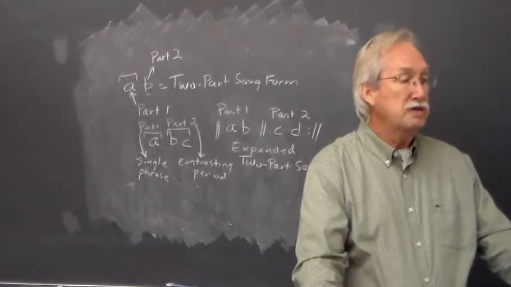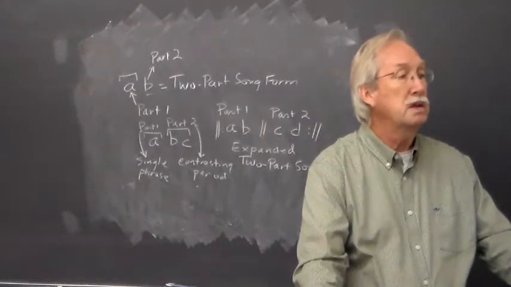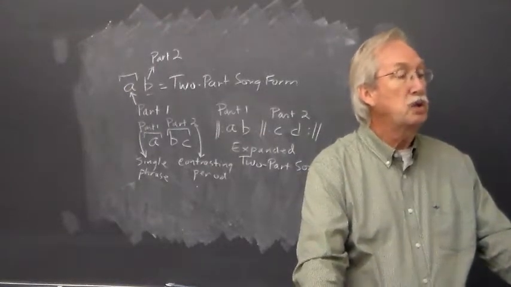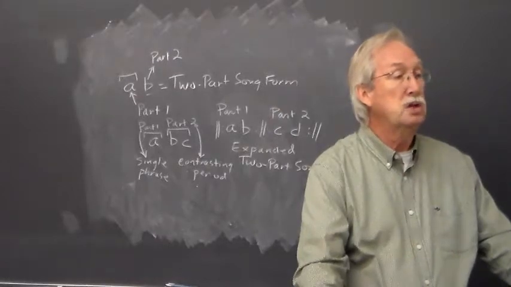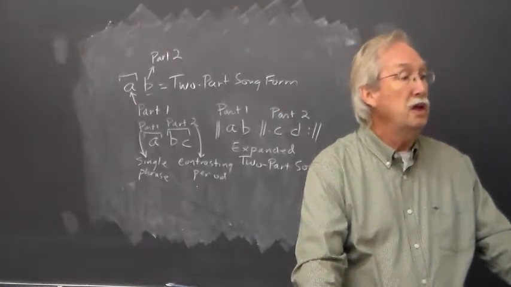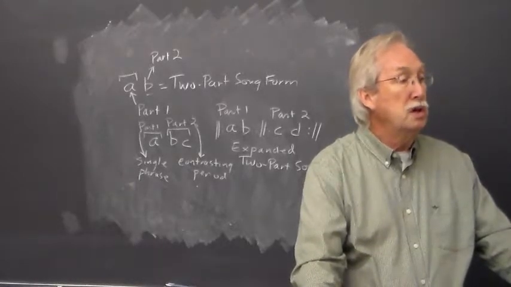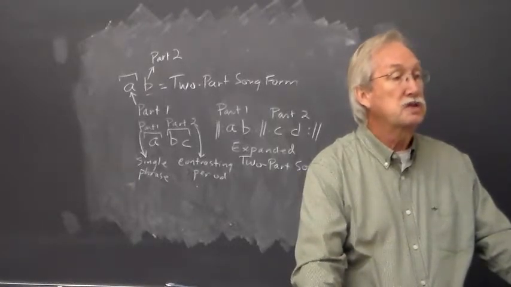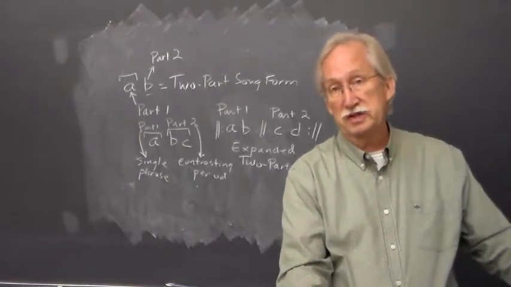And then number 5 is the one I was talking about with the God Save the Queen, where you have a 6-measure opening phrase, which equals part 1, and then you have 2 4-measure phrases, which are, all the phrases in this are contrasting.